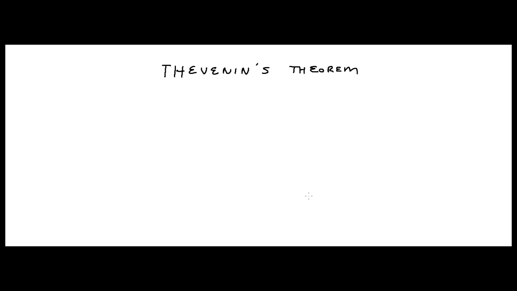So you can use it to simplify complex circuits. It's a very useful thing to know. Basically, there's two things you want to know. You want to have a Thevenin voltage, and you want to have a Thevenin resistance.